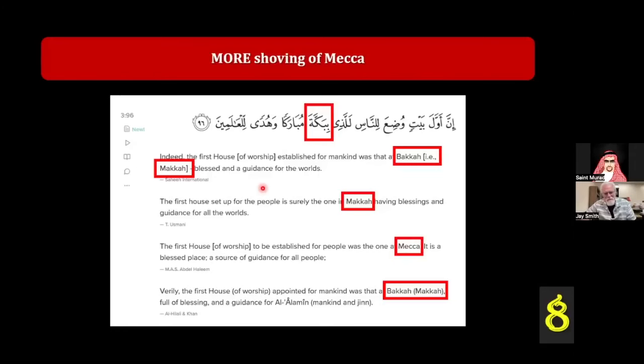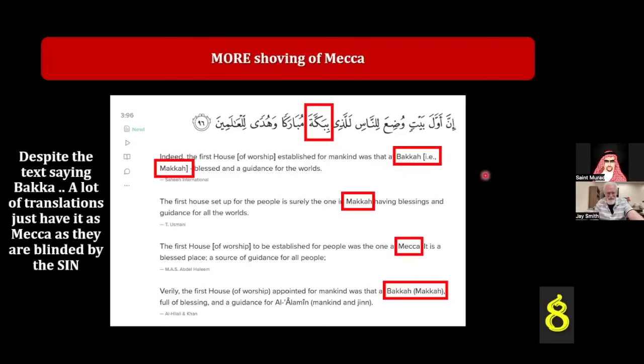Yeah, so what I'm looking at is the linguistics and how the word sounds. For the English speaker, when he hears Becca, when I romanize it into English, I have to put Becca and just keep quiet and let the academics do the work and look further into it. Despite the text saying Becca, a lot of translators just have Mecca in there because they are blinded by the sin.